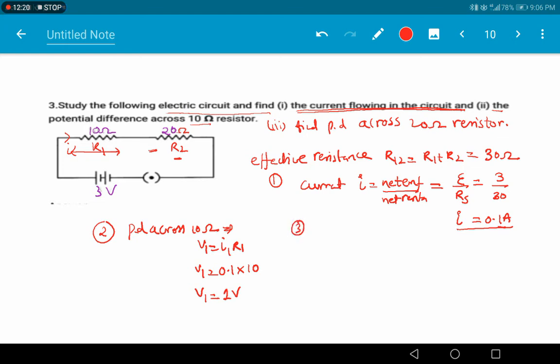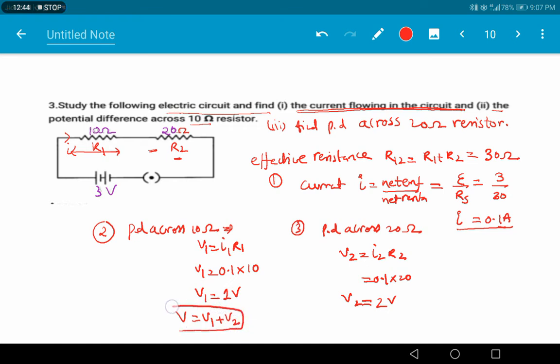Next, what about the third question? PD across the 20 ohm. We can write V2 is equal to I2 R2. So 0.1 into 20, that is equal to 2 volt. We know that in series combination, the net EMF is equal to the sum of the individual potential differences.